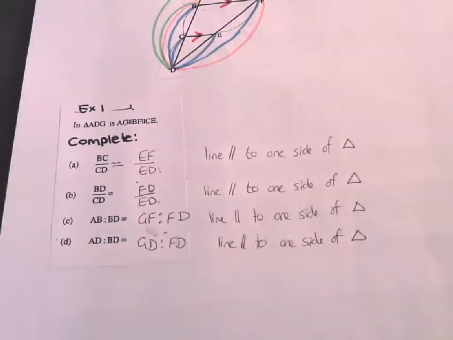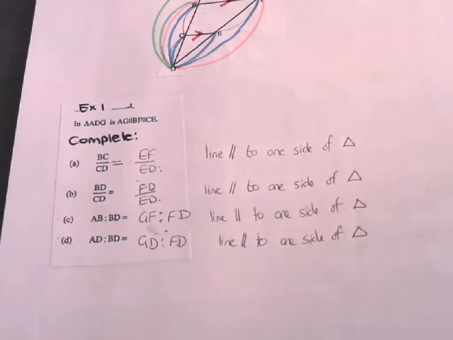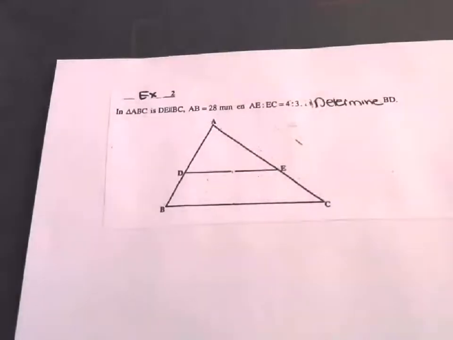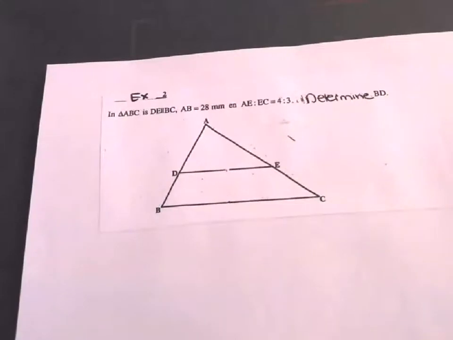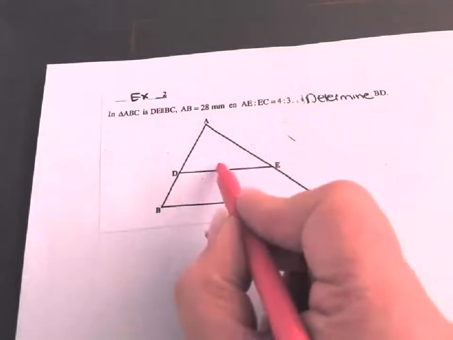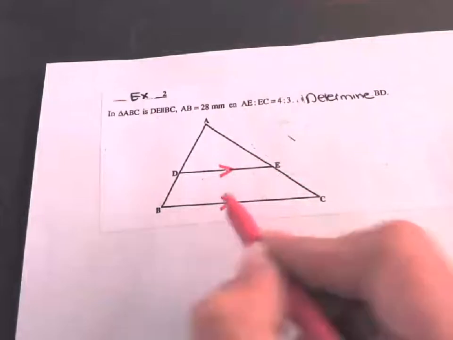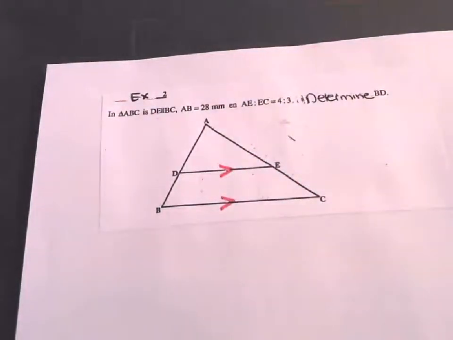Now example 2. In triangle ABC, DE is parallel to BC. That's important if you want to use Theorem 1.